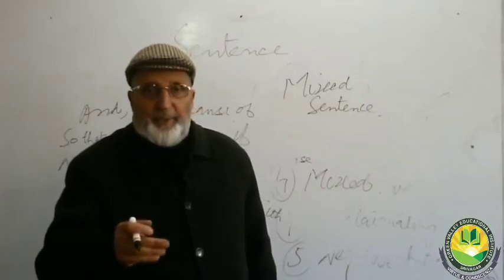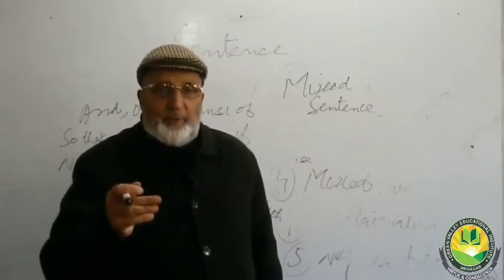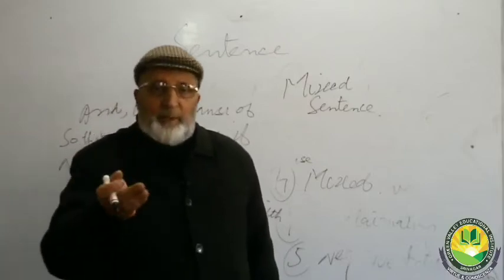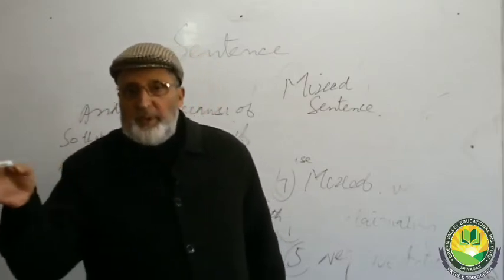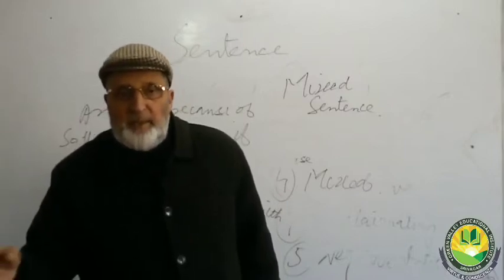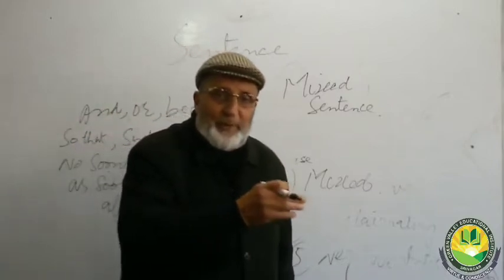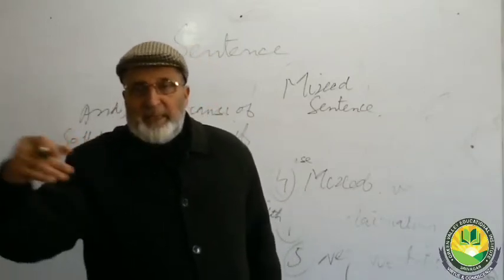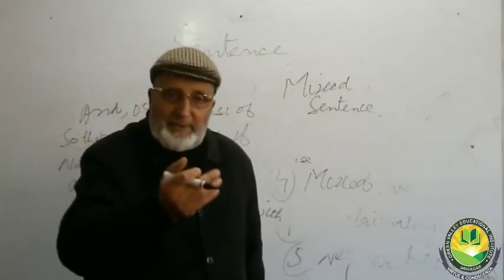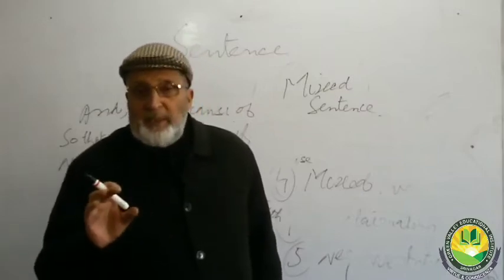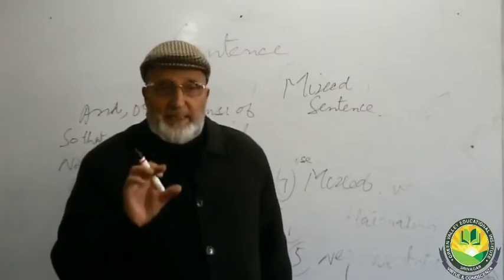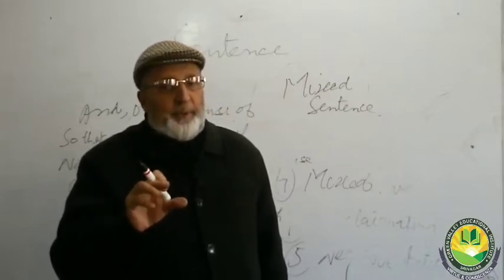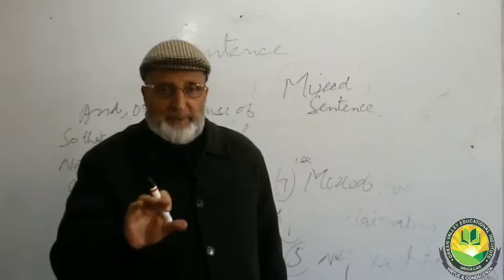I ran away, simple. When I saw the policeman, when constitutes a subordinate clause, subordinate only to the principal one. And the third, and took shelter in a nearby house, and conjoins the third verb with the second one. So it is a mixed sentence because it contains the properties of all the three other types of sentences.